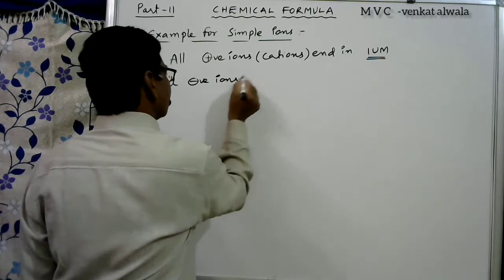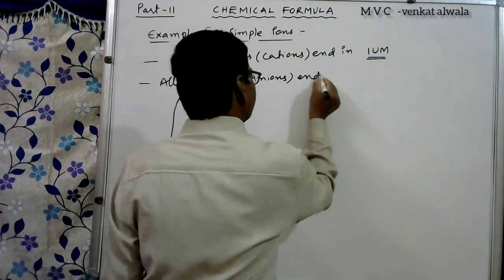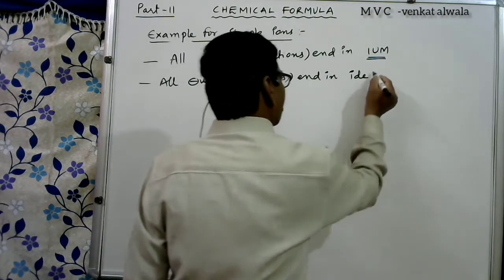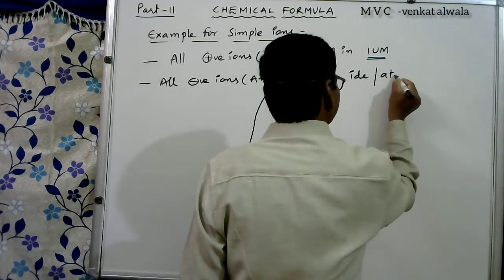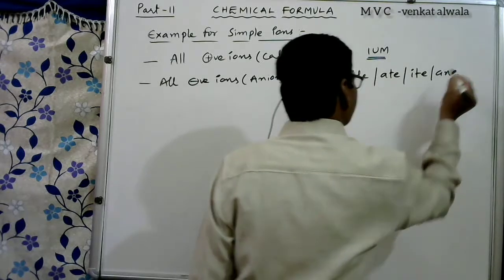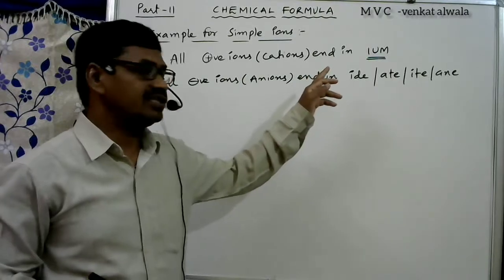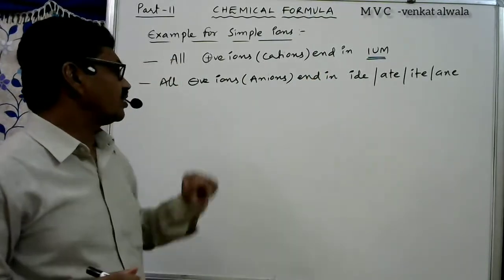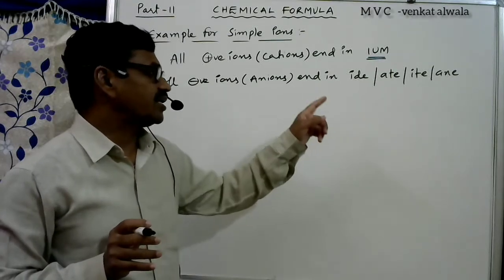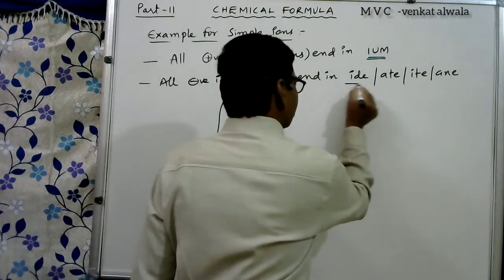all negative ions or anions end in ide or ate or ite. All cations, otherwise positive ions, end in ium, and all negative ions or anions end in ide, ate, or ite. Ide is a simple ion.